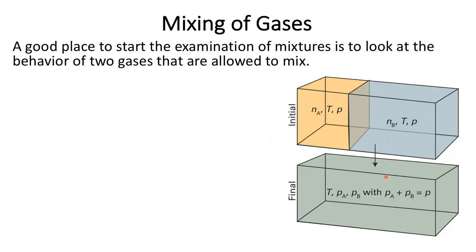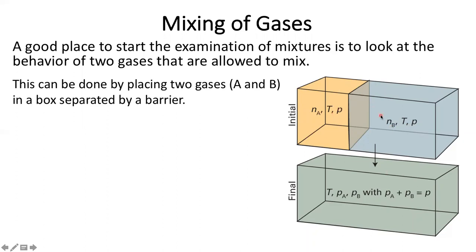So if I'm going to be looking at how two gases mix, a good assumption is to start by taking a box where I have two separate gases on separate sides of the container. So I have, say, gas A on the left side of a barrier and gas B on the right side of the barrier.